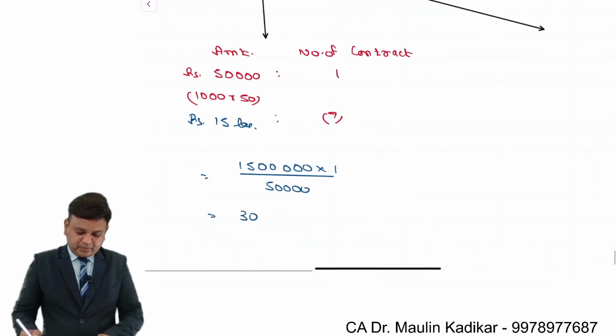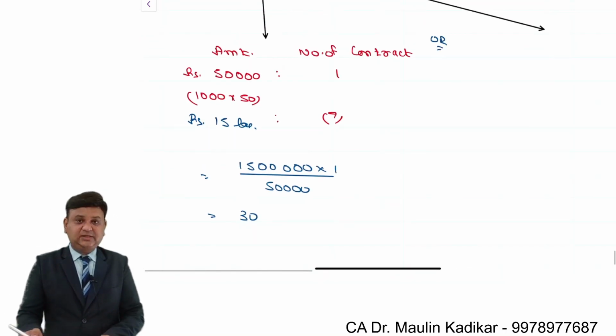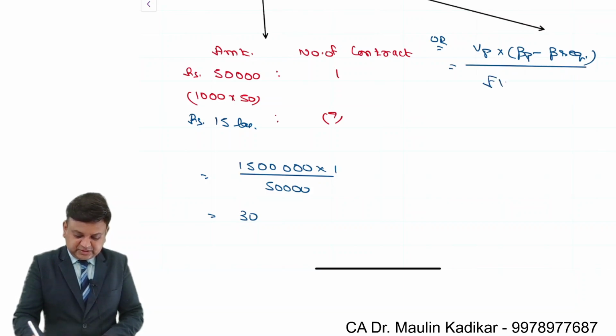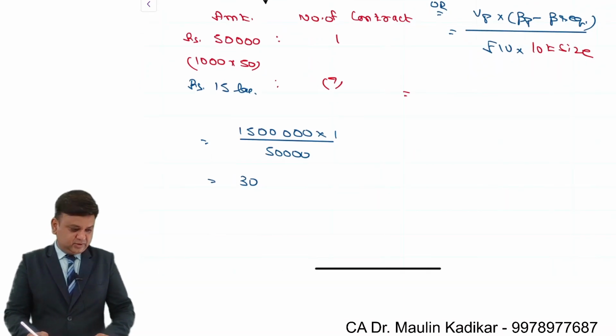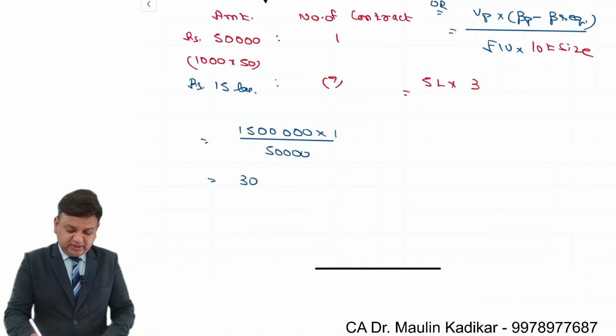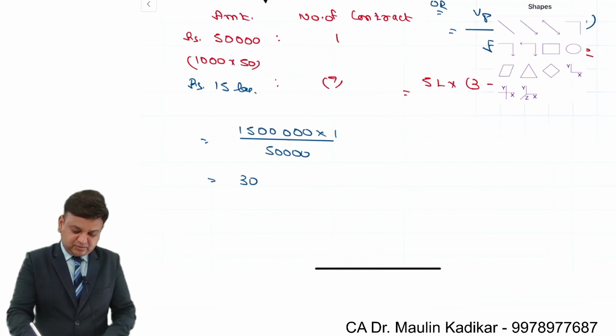Or otherwise we can compute the answer like this: value of the portfolio into beta of the portfolio minus beta required, divided by futures index value into lot size. What is the value of the portfolio? It is rupees 5 lakhs. Beta of the portfolio is 3. Beta required is 0.